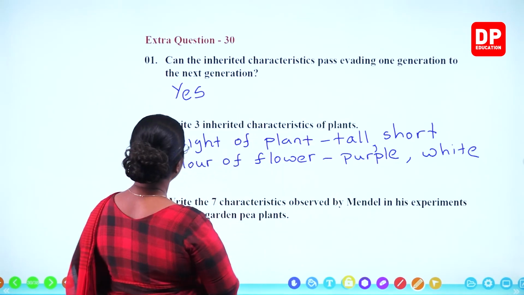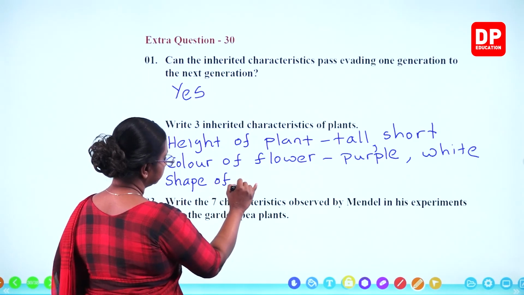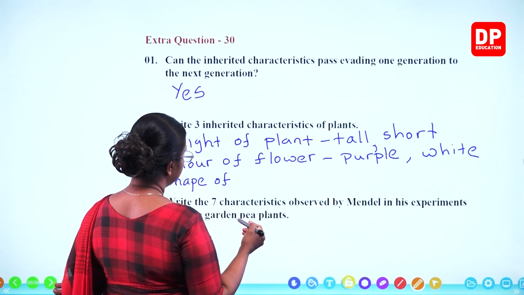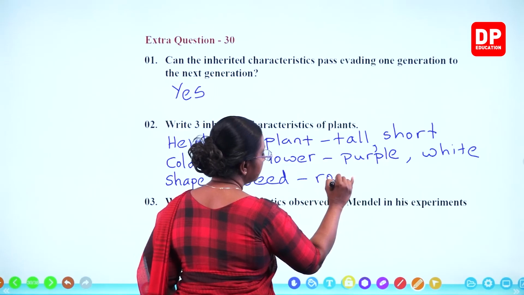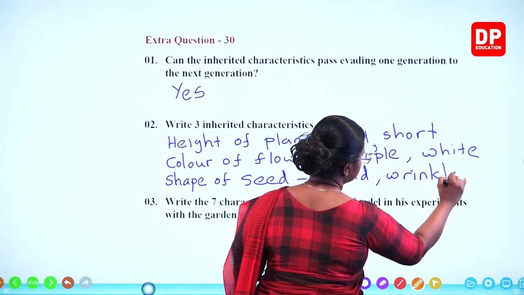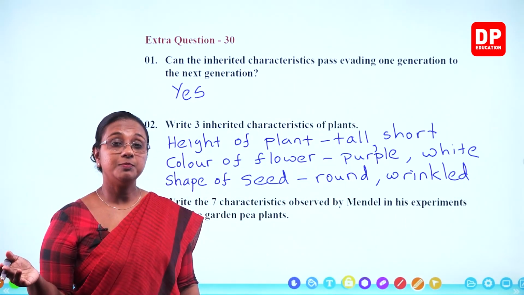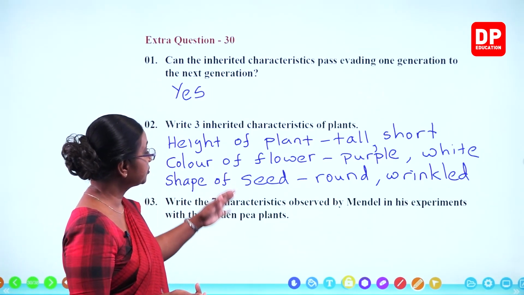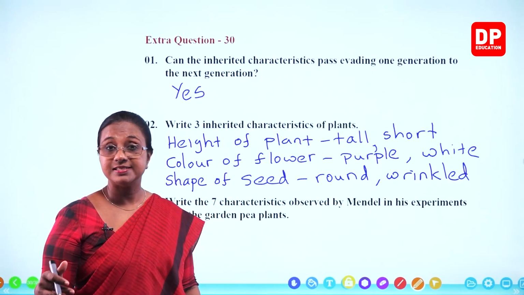Then shape of seed: round, wrinkled. Even you can write the shape of the pod. Inflated pod, constricted pod. That is also fine. Color of pod. All those are different characters. Position of the flower. Terminal flower, axial flower.